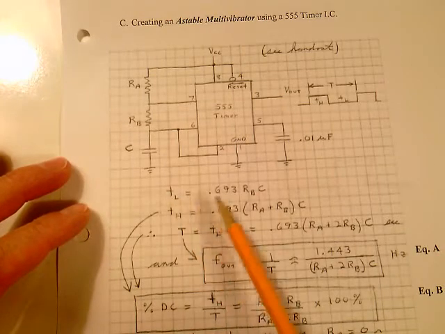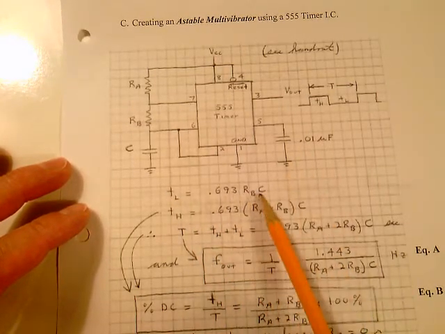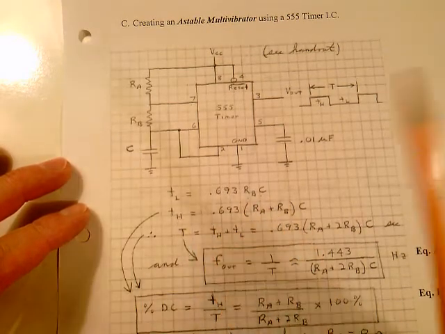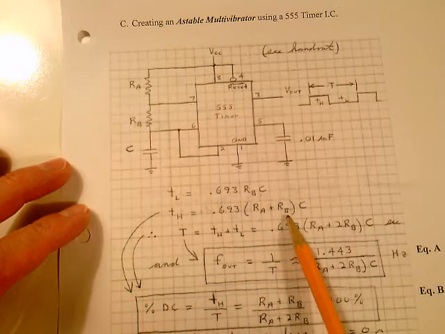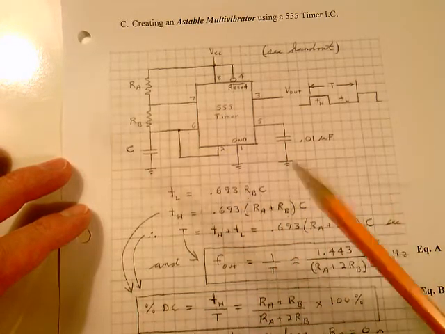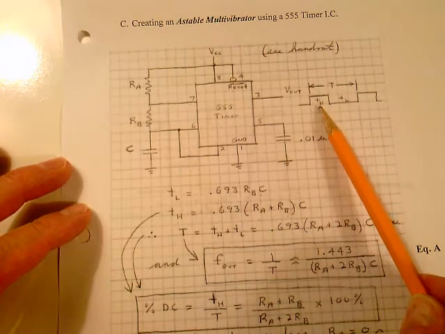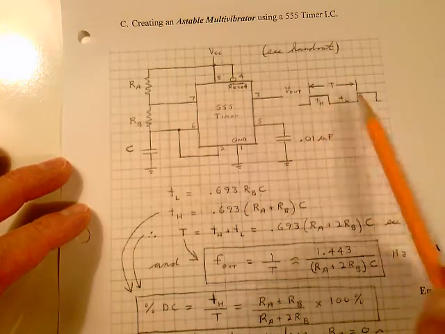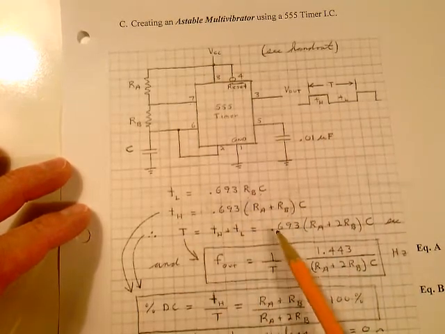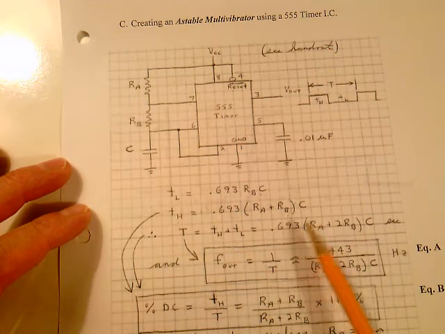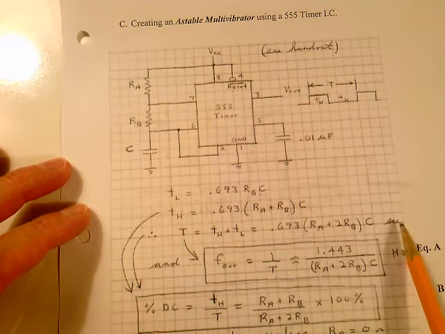The time low is given by 0.693 times the value of RB times C. The time high is given by 0.693 times the quantity RA plus RB times C. Obviously if you add these two together, you get your total period. So the total period is equal to 0.693 times the quantity RA plus 2RB times C, and that's in seconds.